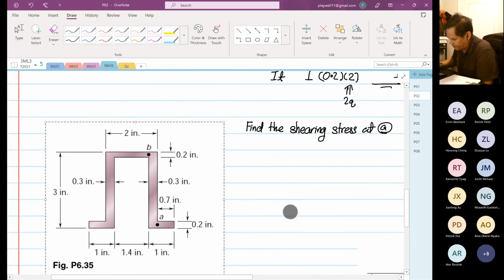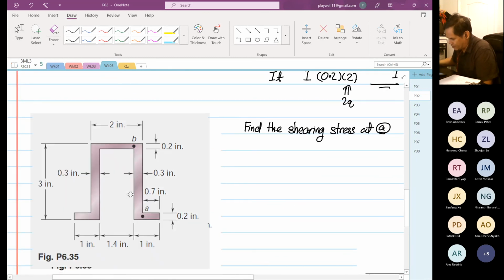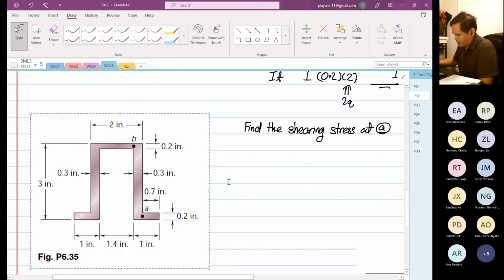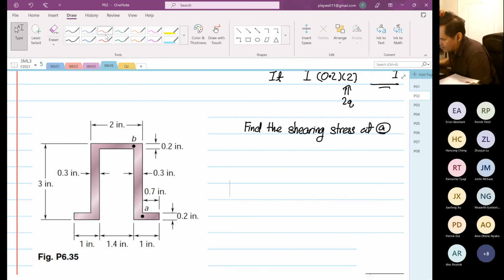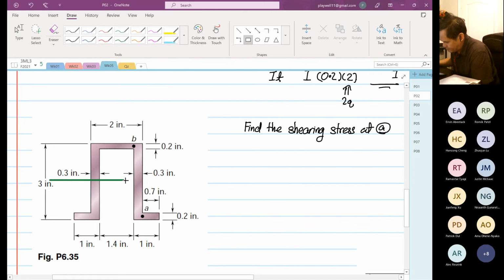Same thing, right? Now it looks confusing. If you look at point A, oh no. I was also very confused when I taught this topic the first time. It was a nightmare. It was not easy to understand.